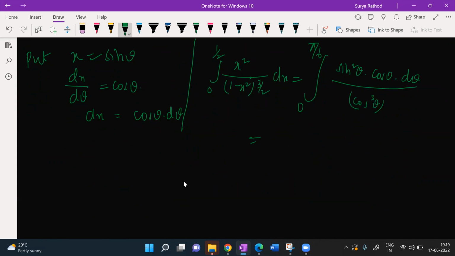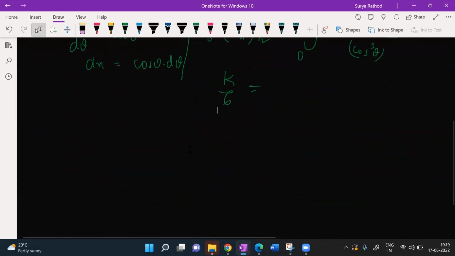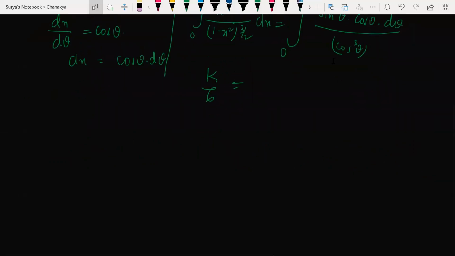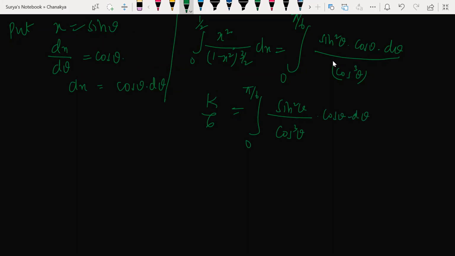Now here this value he has given is k by 6. If you observe properly, he has given k by 6 as the integral value of that. So the integral from 0 to pi by 6 of sine square theta by cos cube theta into cos theta d theta.